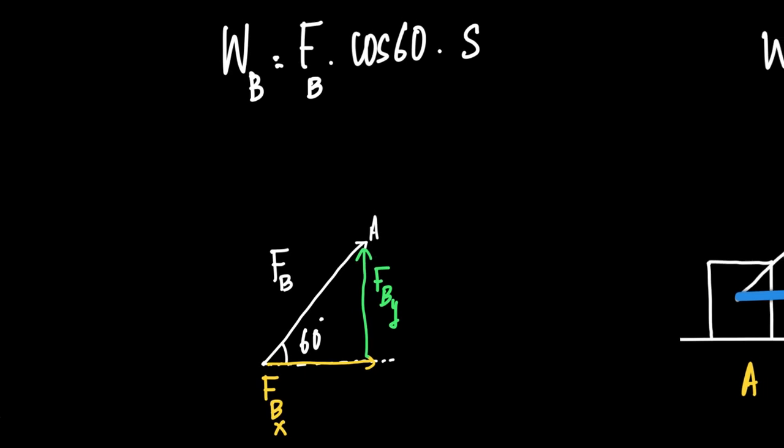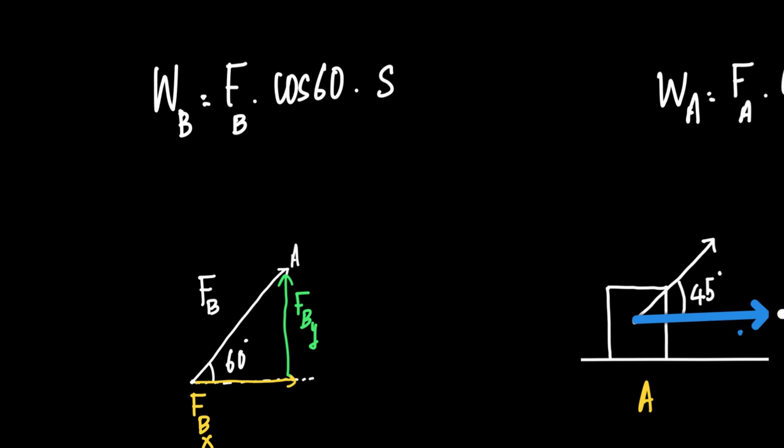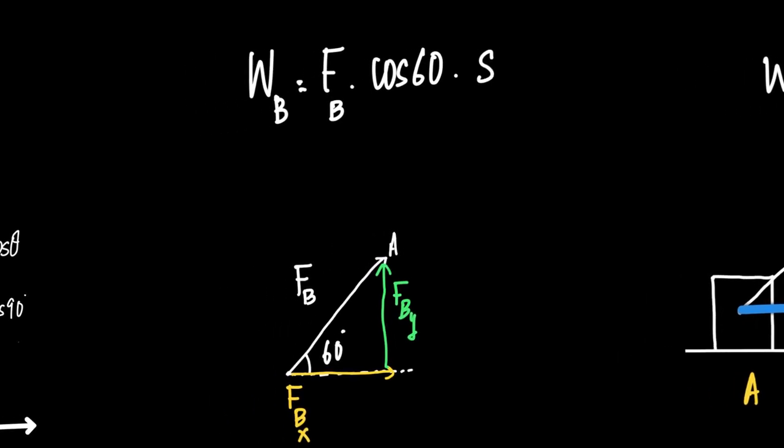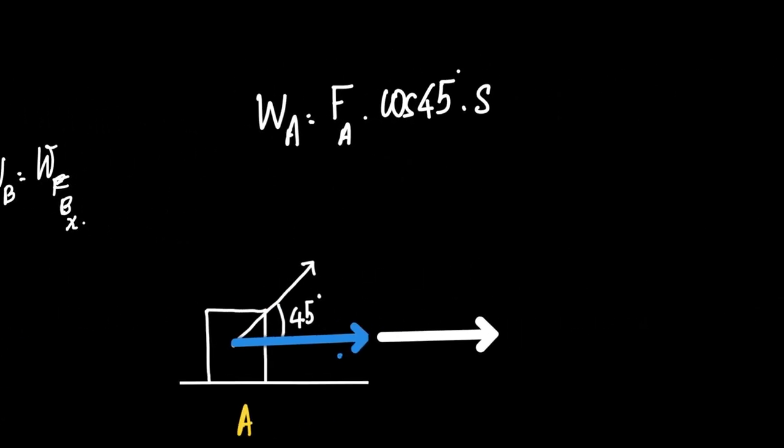Now, if you consider work done by B alone, we can say that the complete work done by person B can be considered to be work done by the force which is exerted by B along the X component alone, right? Or in other words, work done by this force component is equal to 0. Therefore, work done by B can be written as FB into cos 60 into S, right?